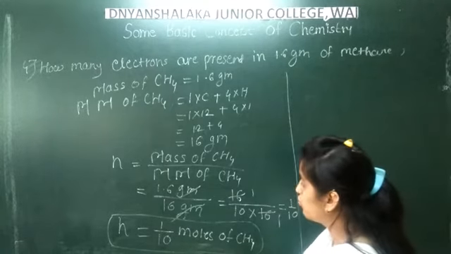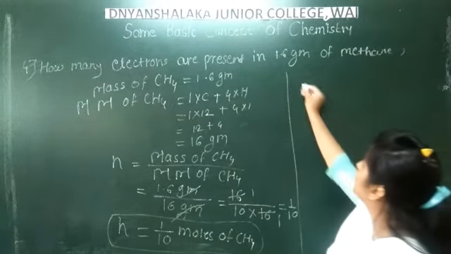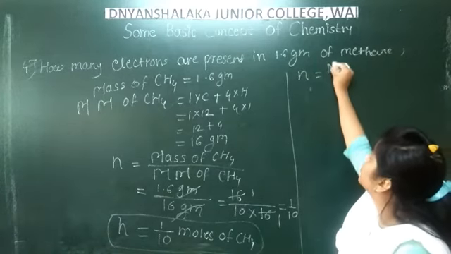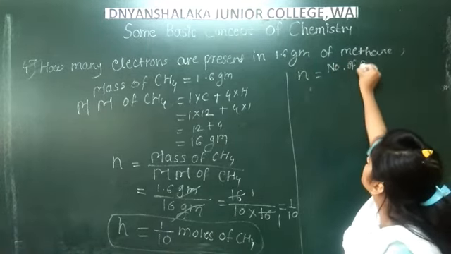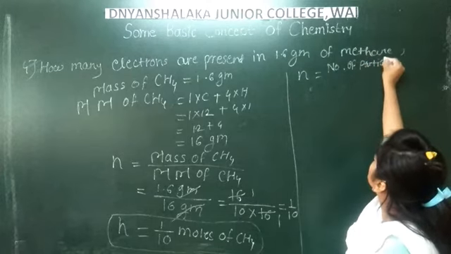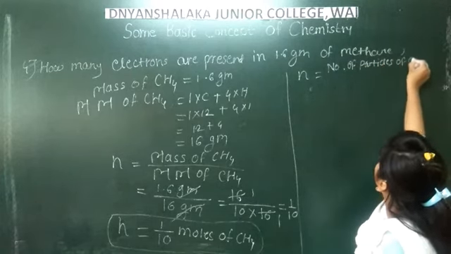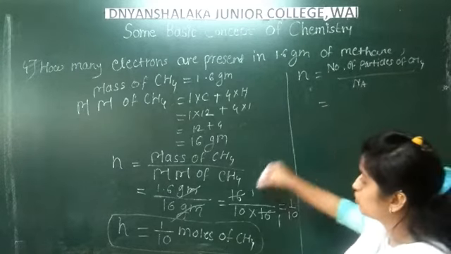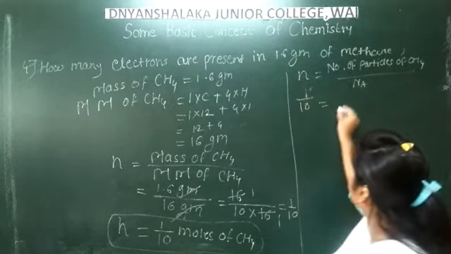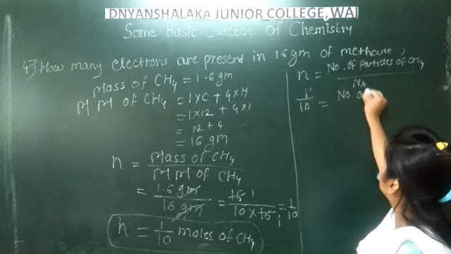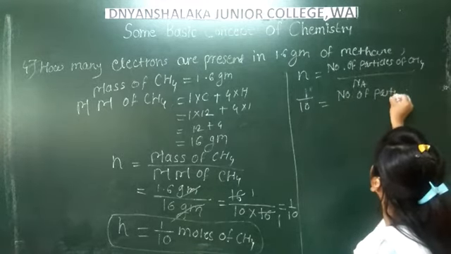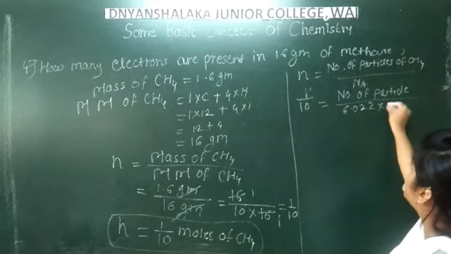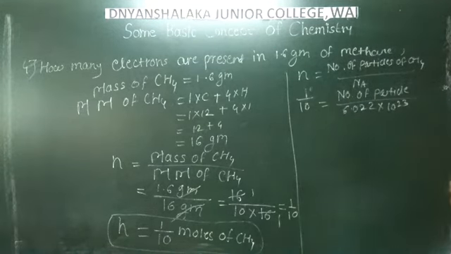Using this number of moles of methane, we have to find out the number of particles. The formula: n, the number of moles, is equal to the number of particles of CH4 upon Na, where Na is the Avogadro number. So 1 upon 10 equals the number of particles upon 6.022 into 10 raised to 23, which is the Avogadro constant value.